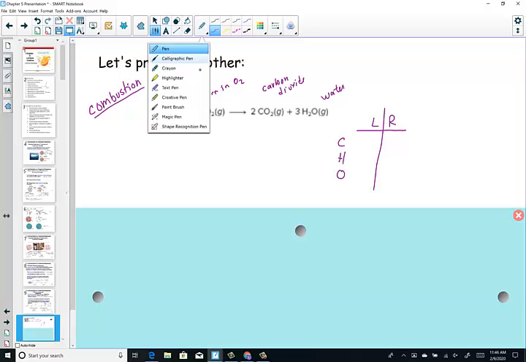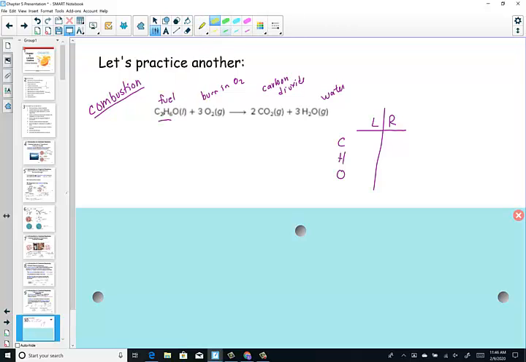So notice that the highlighter that I'm going to use is going to place a highlighted mark over what we call coefficients. And coefficients distribute through the entire compound. It's telling us how many of each molecule we have. These are very different than what we call subscripts.